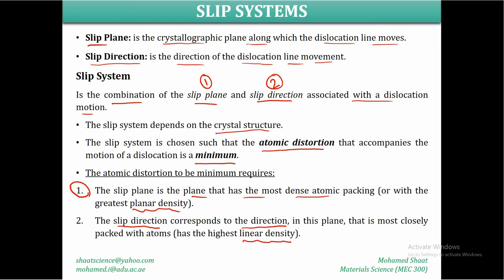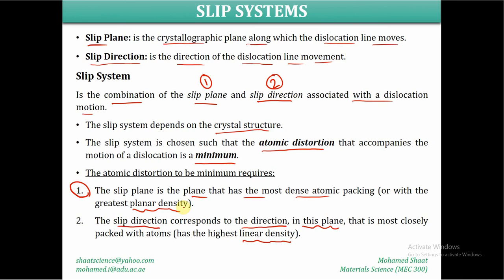We have to choose one or more specific crystallographic directions to be the slip direction. This slip direction should belong to the same slip plane that you chose in step 1. So it is a direction in the slip plane.